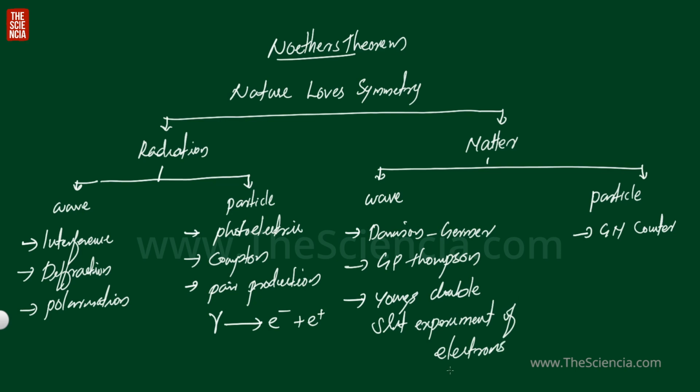So matter also has a dual nature, that is, it can behave as a particle in some phenomena and it can also behave as a wave. And we will discuss more about the wave nature of matter under this section, the de Broglie wavelength.